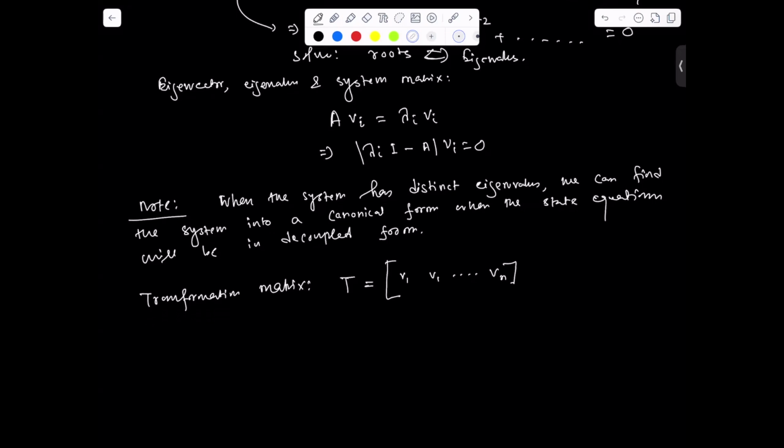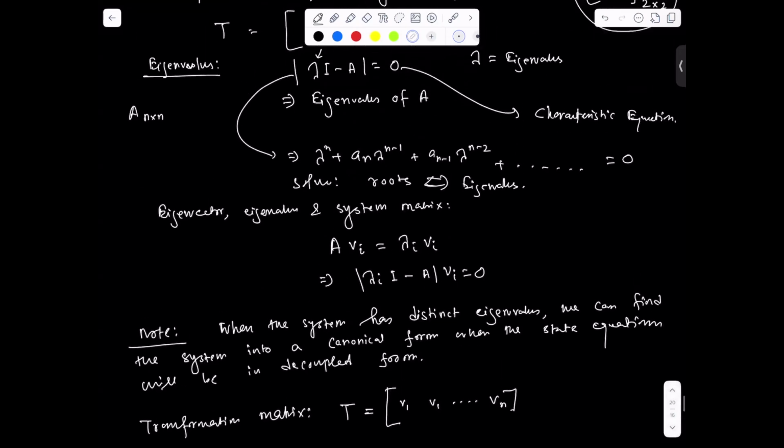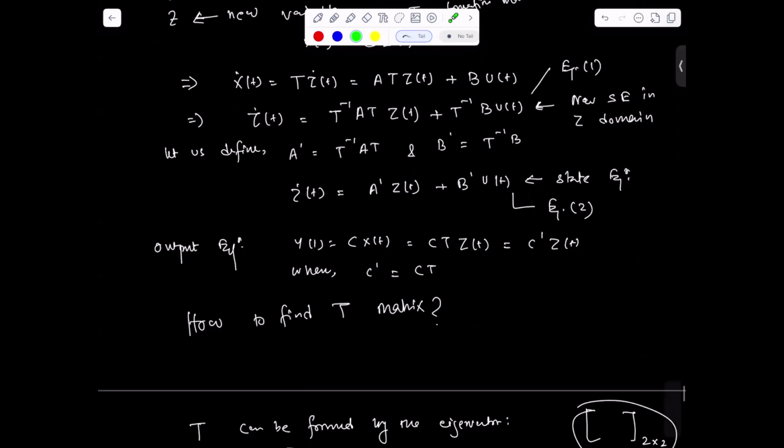Now, we'll go back to our system matrix in the transform domain. This is what we have found in our lecture: A dash equals T inverse AT.